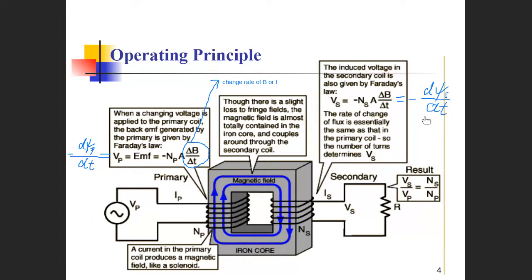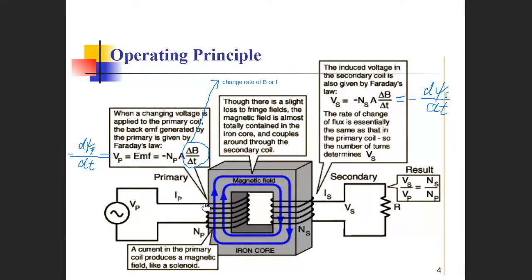So for the primary and the secondary, when you write down the equations, they are similar, but the difference is that the primary voltage is the source, the excitation side. So the voltage Vp excites the magnetic field changing.